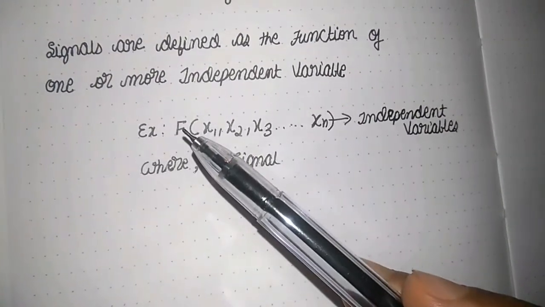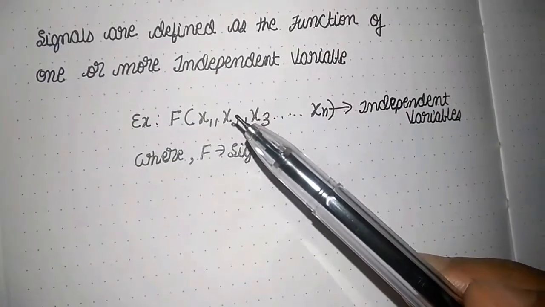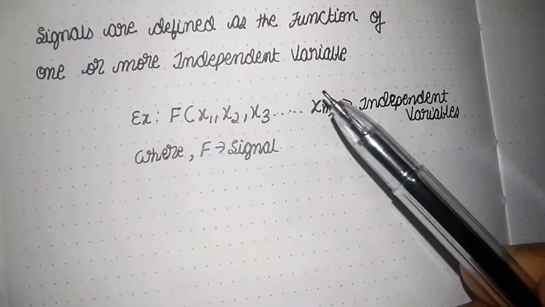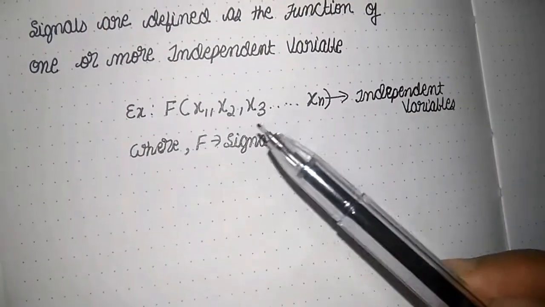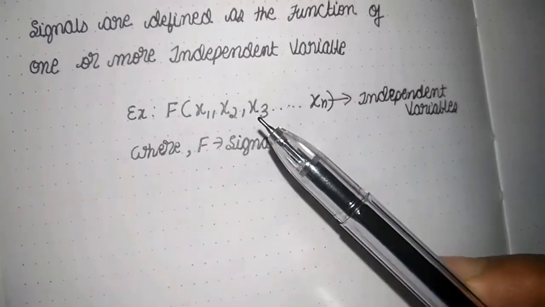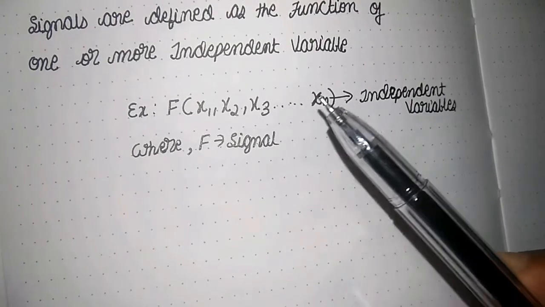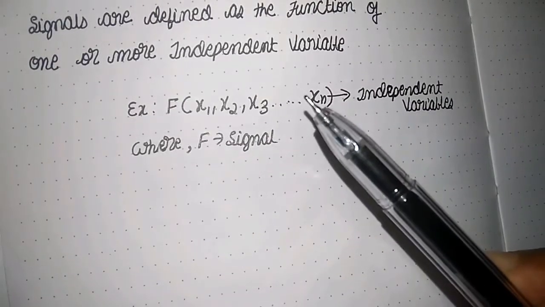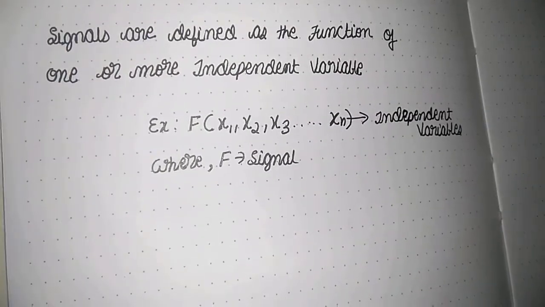Here the function f is the signal, and x1, x2, x3 up to xn are the independent variables. So this signal is totally dependent on these variables. The signal can only exist if independent variables are present in it. Okay, this is the definition of signals.